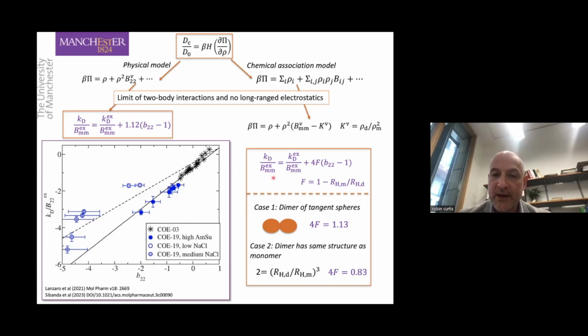So if I take that approach, then I can write the KD interaction parameter in terms of the excluded volume for the monomer. And then I get this additional term, which is related to the friction factor of the monomer over the dimer. And so if you look at this case for tangent spheres, you can actually calculate what this 4F is equal to.